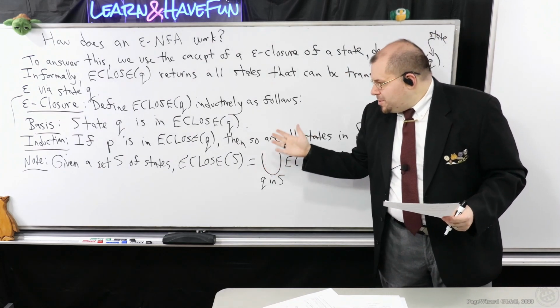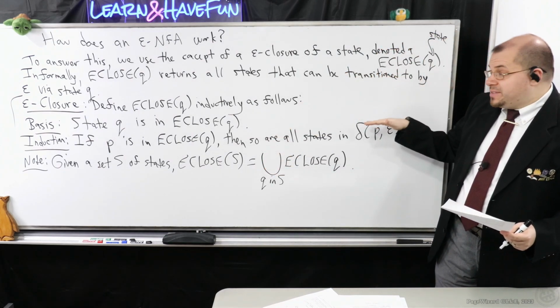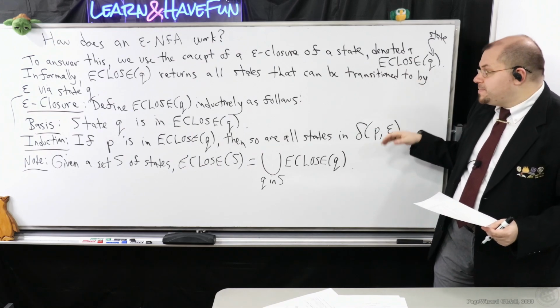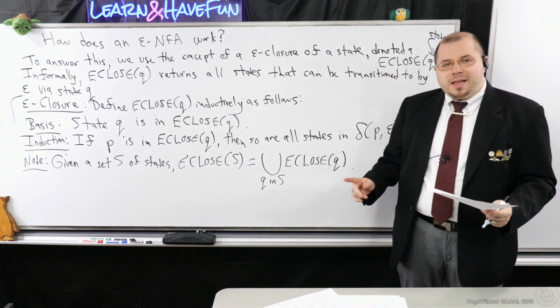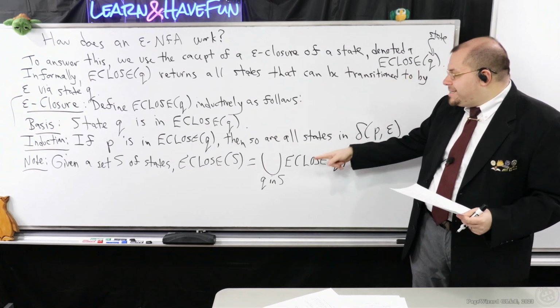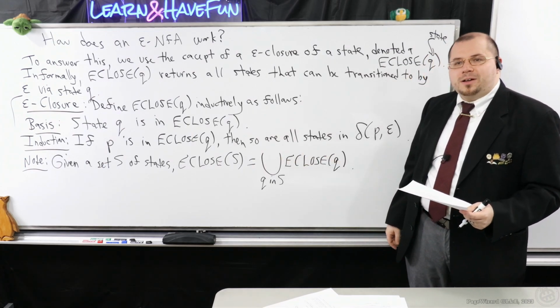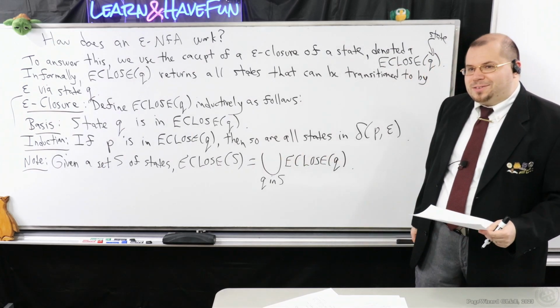We're going to do some examples seeing how epsilon closures work. One remark I need to make is that if you give me an empty set and apply epsilon closure on that, it still is an empty set. Just keep that in mind.